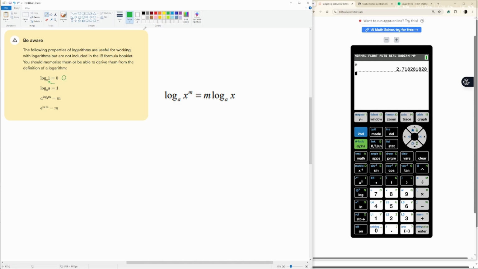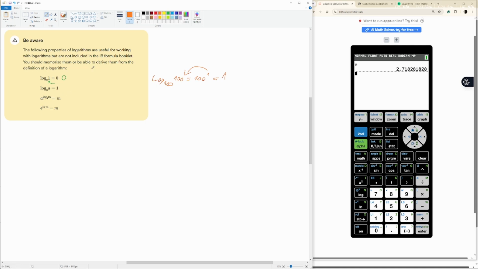And if the base, I think this is very understandable, if you have log 100 of 100, then you know that 100 to the power of 1 is equal to 100. So obviously it's 1.